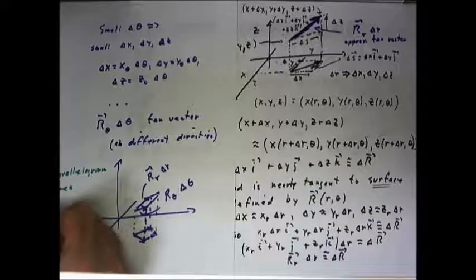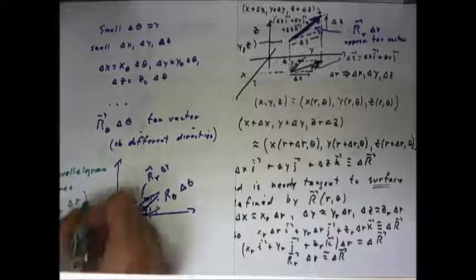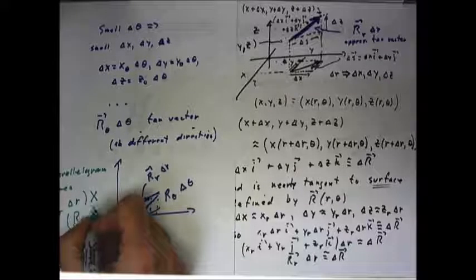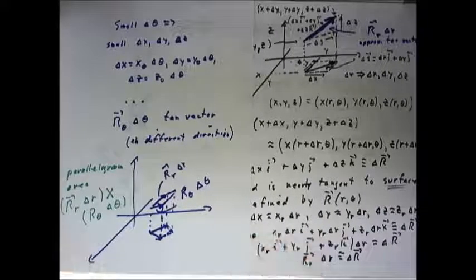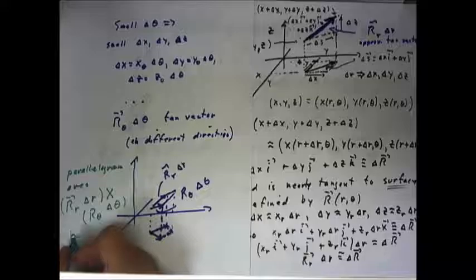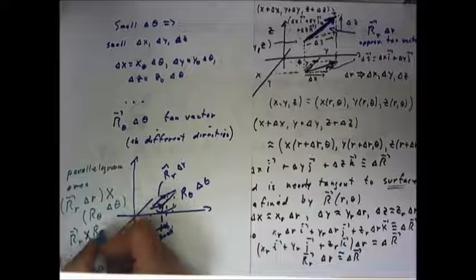is r sub r delta r cross r sub theta delta theta. And of course delta r and delta theta are simply numbers which can be factored out of the cross product.